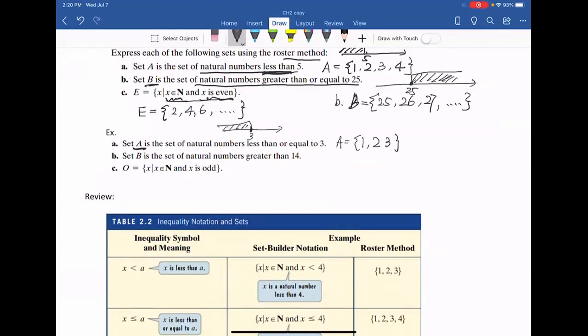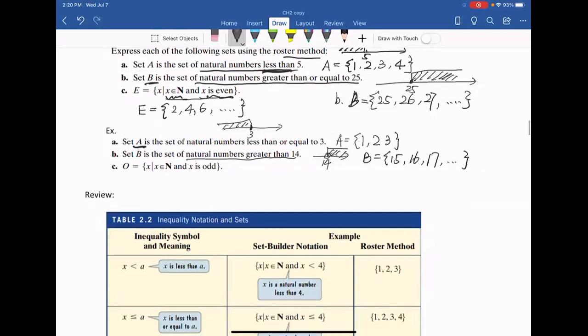Next one, set B is the set of natural numbers greater than 14. So draw a number line, greater than 14. 14 is not included. So B equals 15, 16, 17, etc.